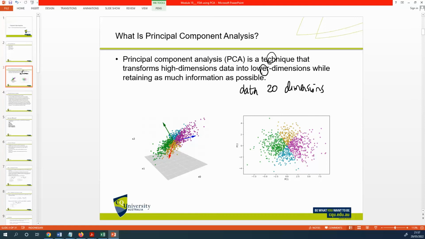The objective is to lower it into 3 dimensions, for instance. So these 3 dimensions are standalone data, which represent the 20 dimensions of data, in order for us to see the data in a better visualization rather than 20 dimensions of data.